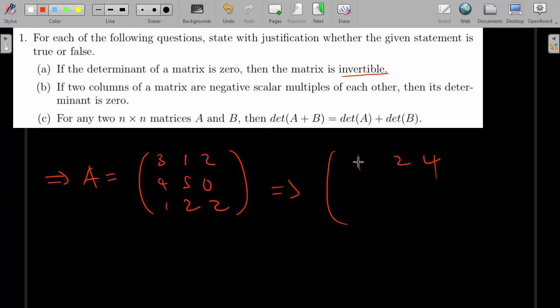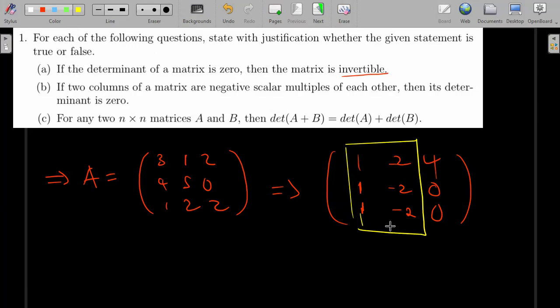What will happen? I can have maybe 1 to simplify things, and here let me put -2, and this one as -2, and here you can put anything. So we see that these two columns are negative scalar multiples of each other.